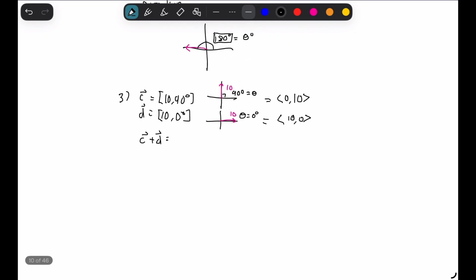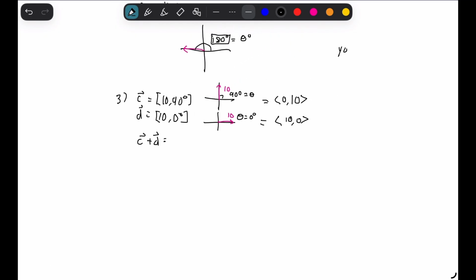And really, the reason why you use sine and cosine, which later we'll do, for your component form is when you're not on an axis.